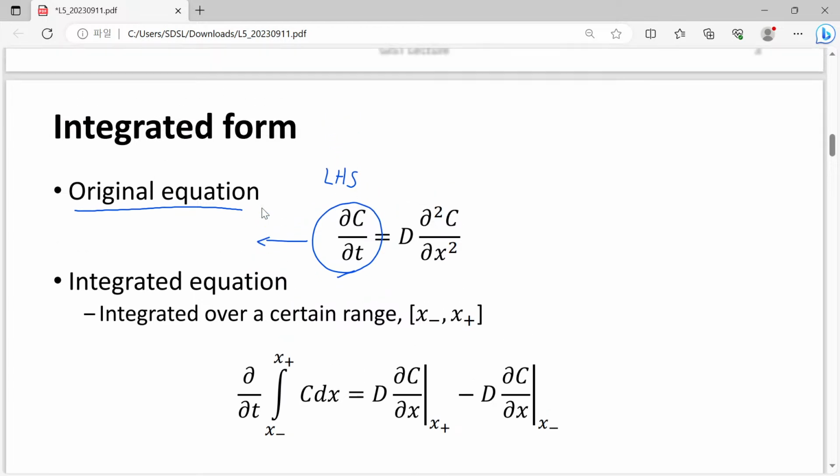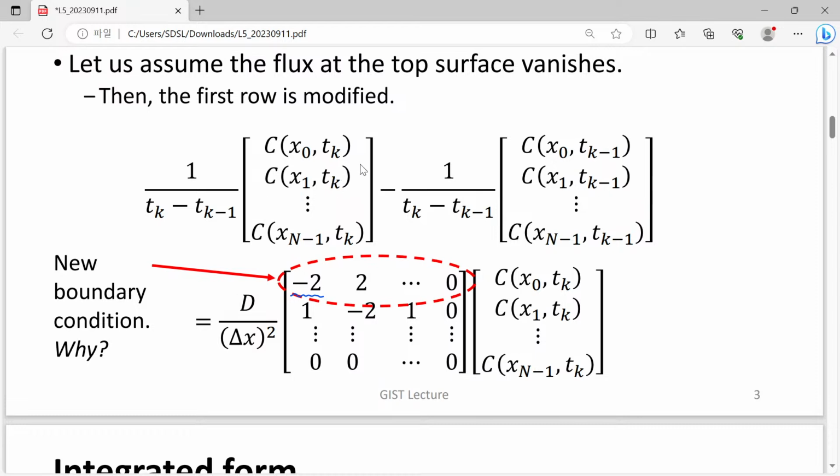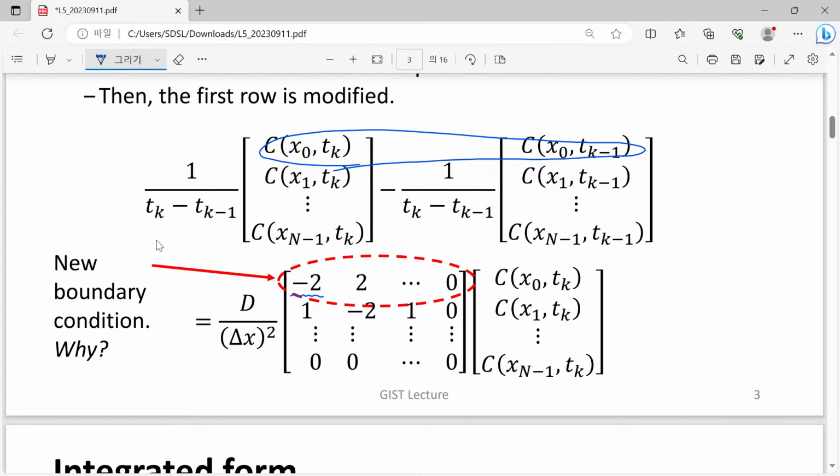So you can easily understand this corresponds to the backward Euler implementation of your round C over round T, taking the difference of your C value and dividing it by the time difference between Tk and Tk minus 1.